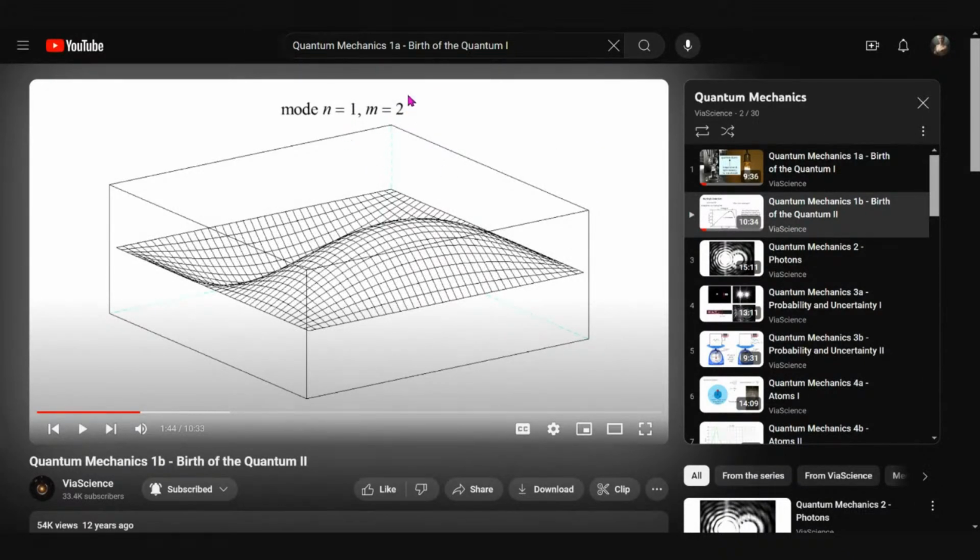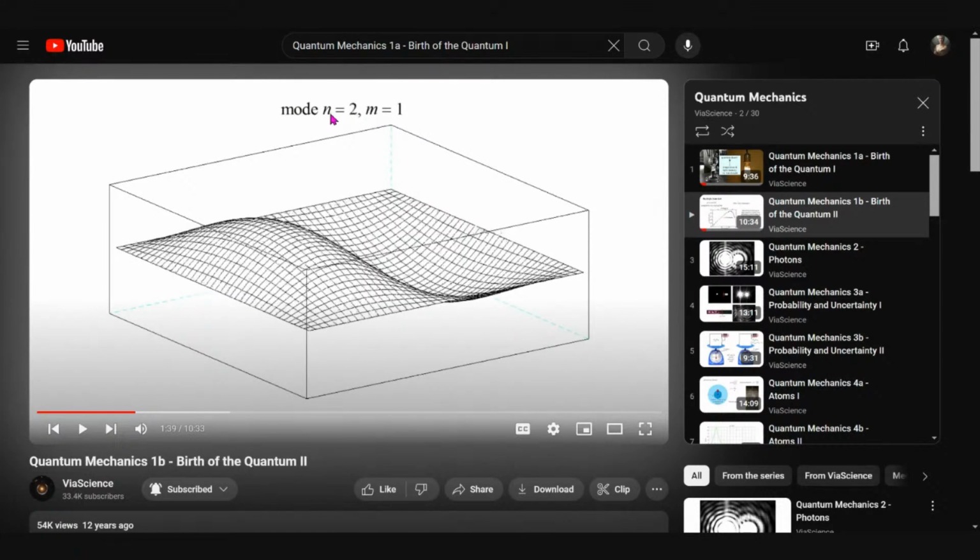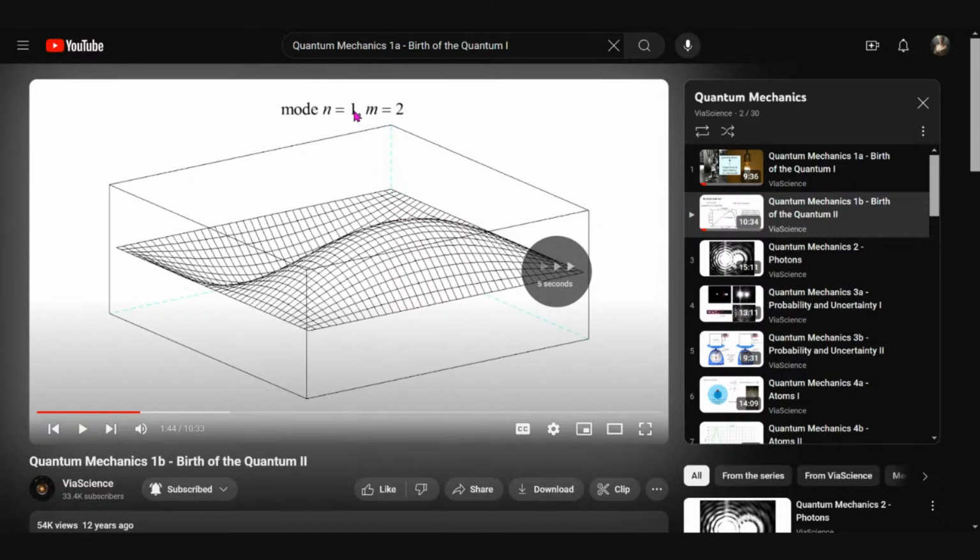Two different modes. I guess these are modes. No, this is the mode. But this is also... He's reusing the word mode. This is incorrect. This is frequency. Wait a minute. This is not n equals 1. This is n equals 2. And there's m equals 1 and m equals 2. This is n equals 2. And this is n equals 2.